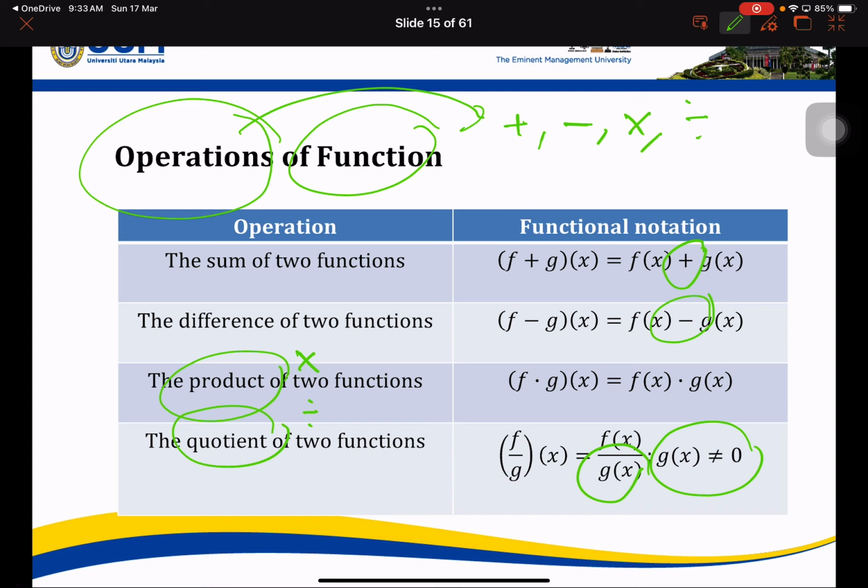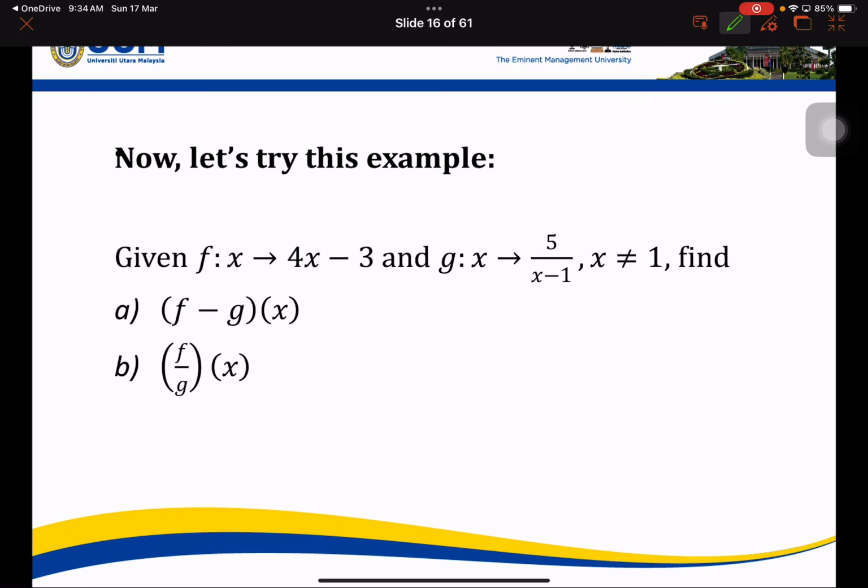Because we cannot divide by 0. So if you have fractions, normally the denominator cannot equal 0. Clear? Now try this example.